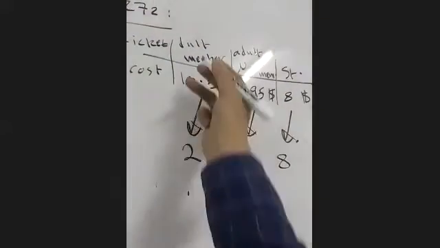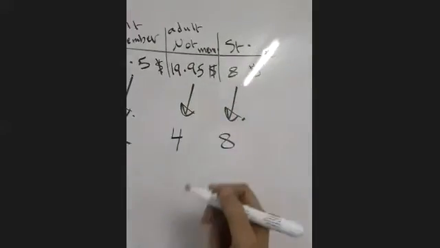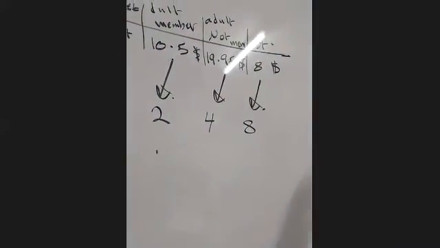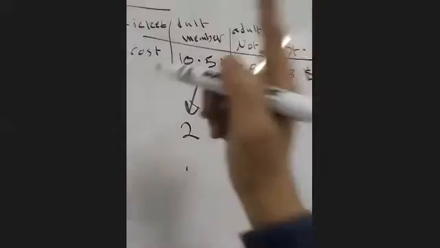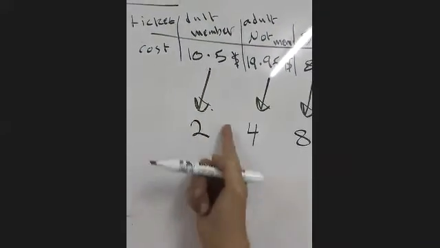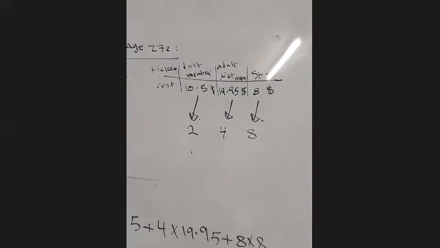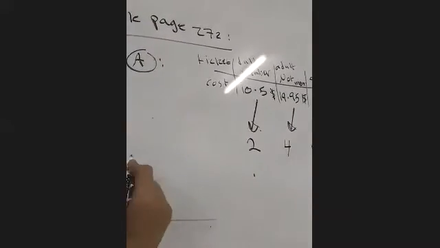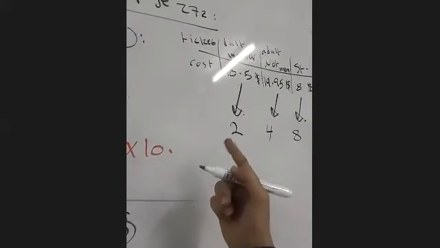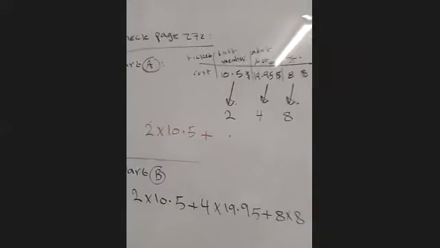If we have 2 adult members and 4 adults who are not members and 8 students all together, they go to buy tickets. If one ticket for the adult members is 10.5, and we have 2 adult members, what will the cost be? We multiply them. 10.5 multiply 2. No, start from the number of the items, Mr. Okay, 2 multiply 10.5 plus.